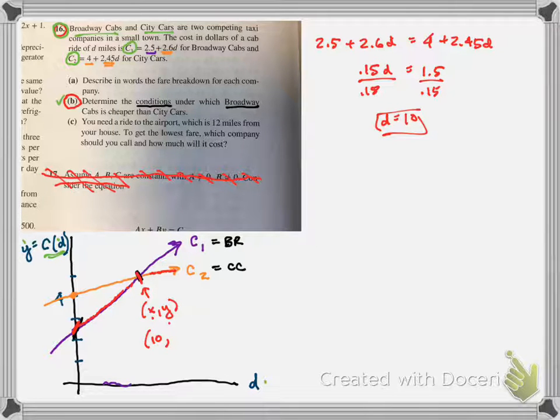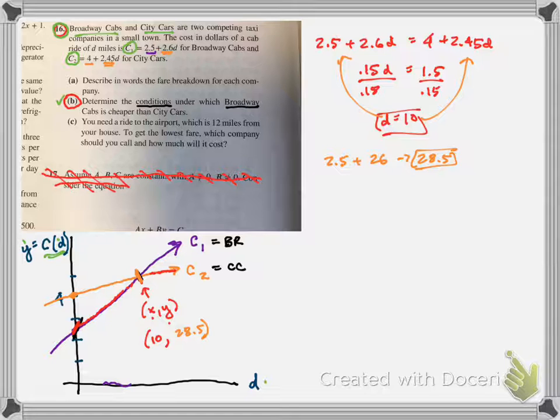Now, if I put d back into either function, it makes no difference. You're going to get the same output. So 2.5 plus 26, because that's 2.6 times 10, is 28.5, and so my output is 28.5. Let's see what our unit is.